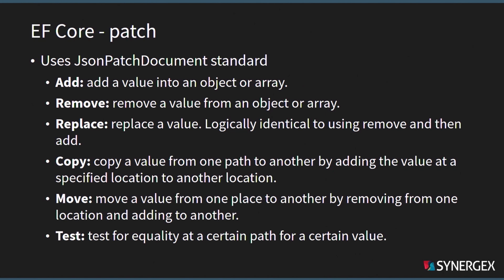So EF Core, as part of that writing, we're working on the idea that patch is potentially an important part of that, and we're trying to support patch directly inside of EF Core. So using a thing called a JSON patch document, you can supply essentially a set of instructions that says, I want to add, remove, replace, copy, move, or test something.